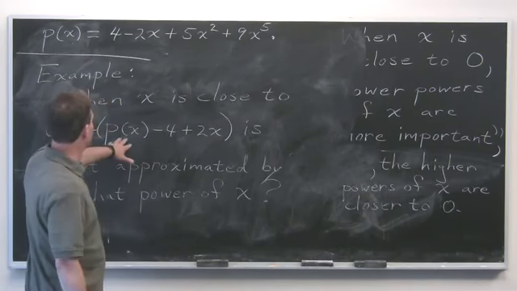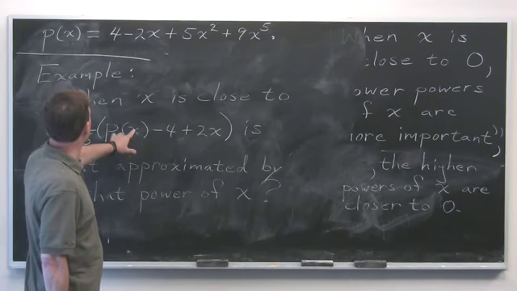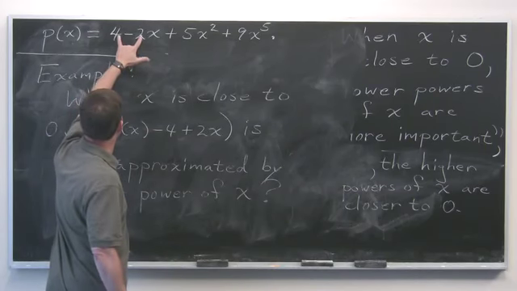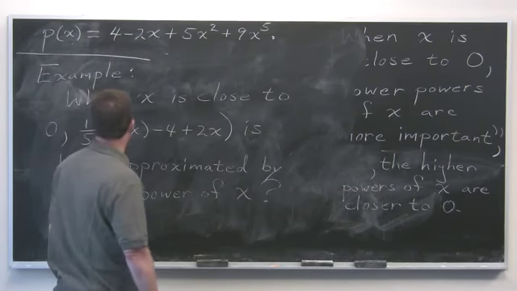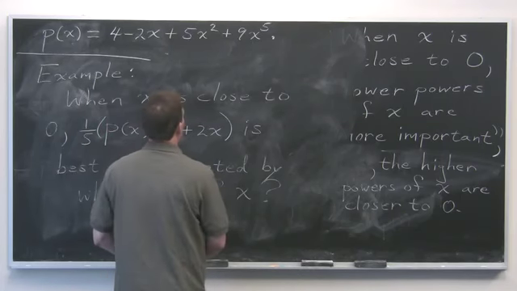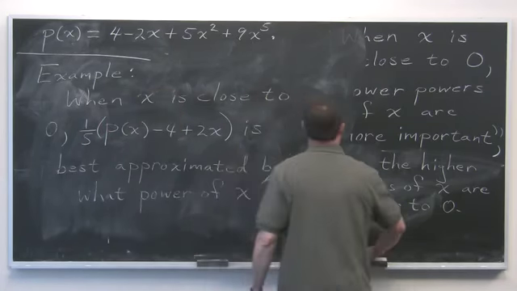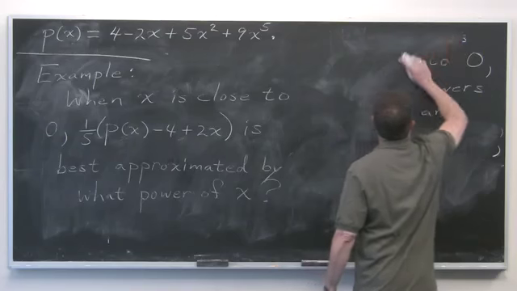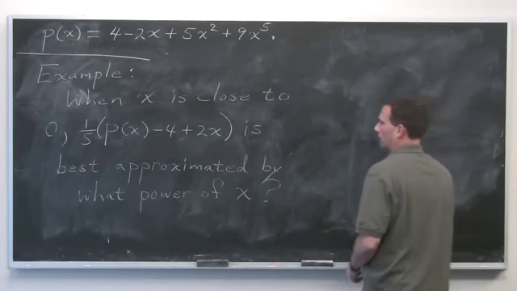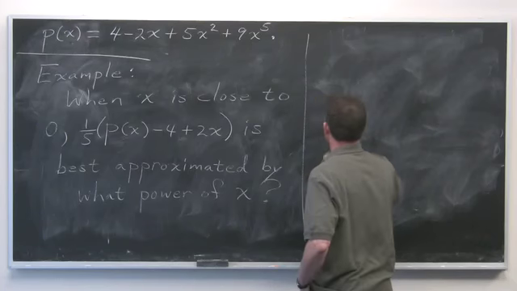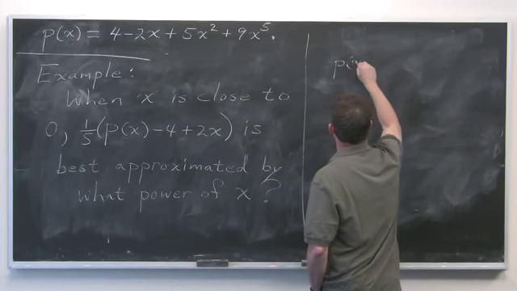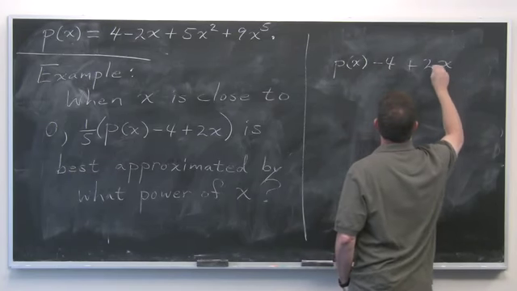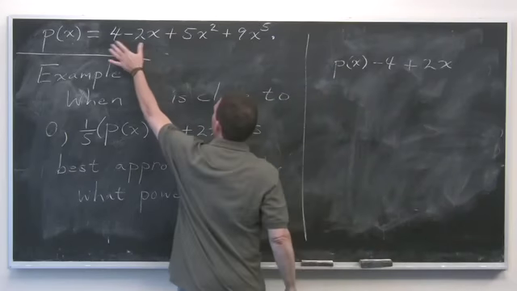Well, I didn't just pull this out of nowhere. What is p of x minus 4 plus 2x? Well, that's where I've put these two terms over on the other side. So p of x minus 4 plus 2x, well, that's what I get when I move these terms over there.